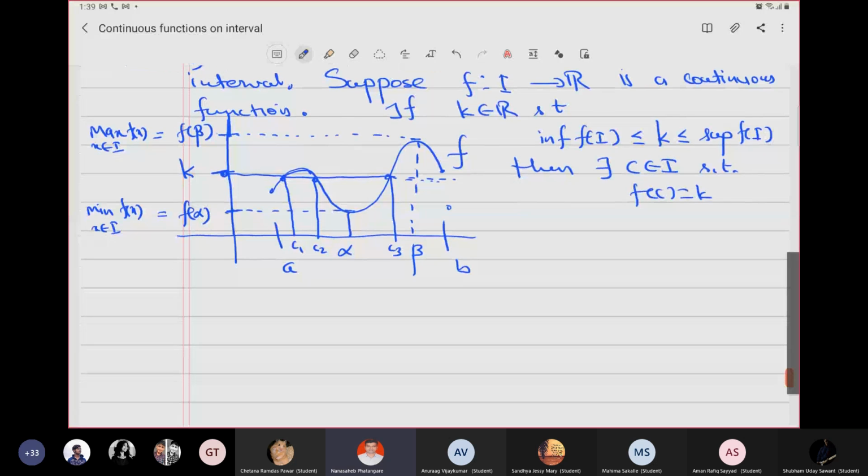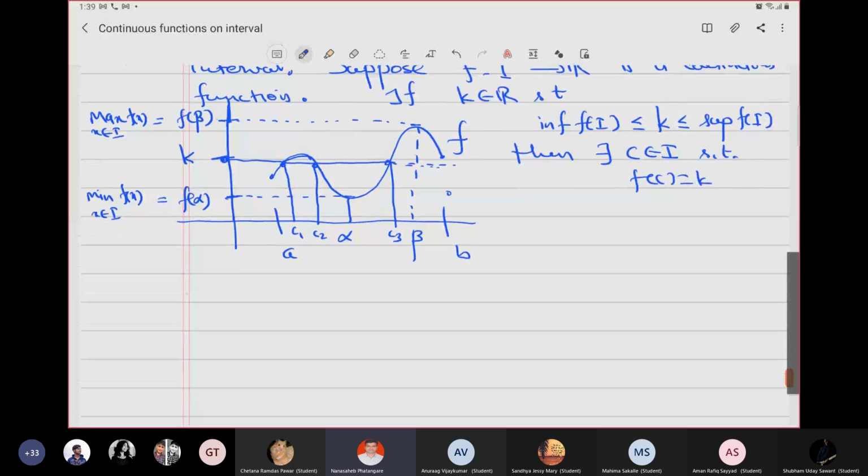So how to write down the proof? What is given? Domain is a closed and bounded interval. Correct? Second condition, f is continuous on this domain.